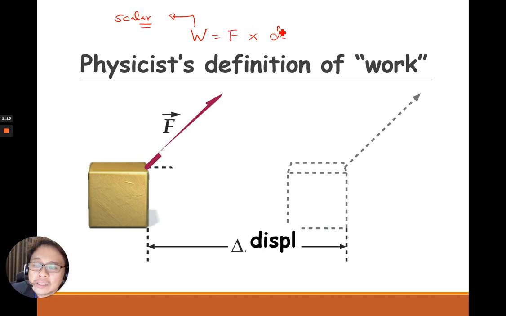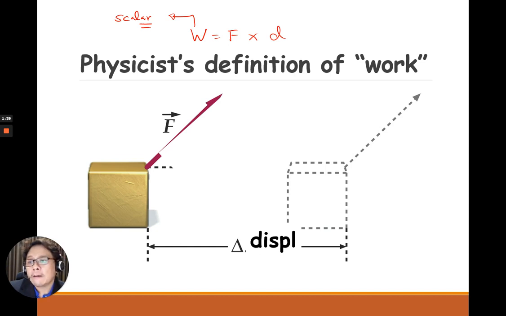Now, force and displacement should be acting on the same line of action. They could be heading towards the same direction, or force and displacement could be in the opposite direction, meaning you are exerting force to the right, but the displacement is to the left. Now, is that possible? For gravity, it is possible.